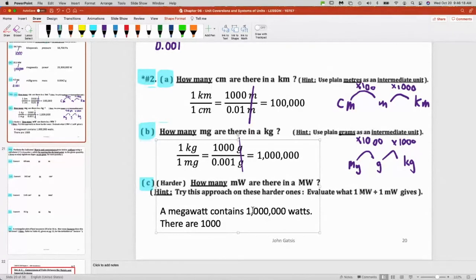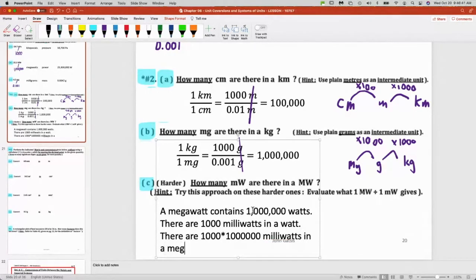There are 1,000 milliwatts in a watt. I've noticed in the past that some people need to see it written, so that's why I'm just writing it this time, because maybe that fits better with some people's learning style, hopefully.